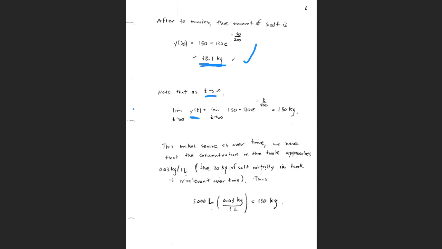Well, e to the negative t over 200. Let me see here. Maybe I can put in just an additional step. So this is going to equal 150 minus 130 times e to the negative infinity.